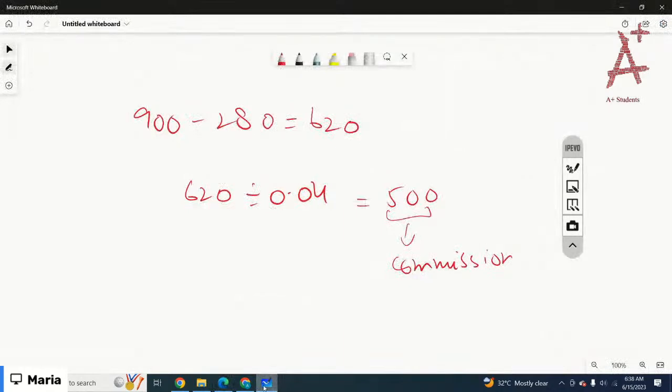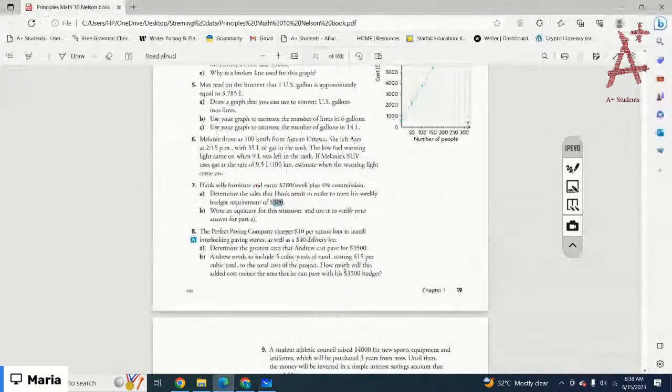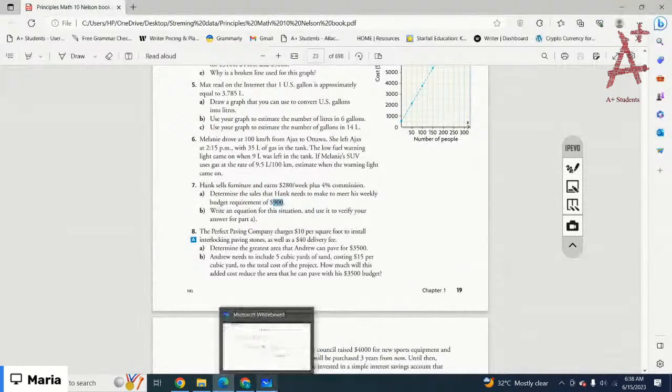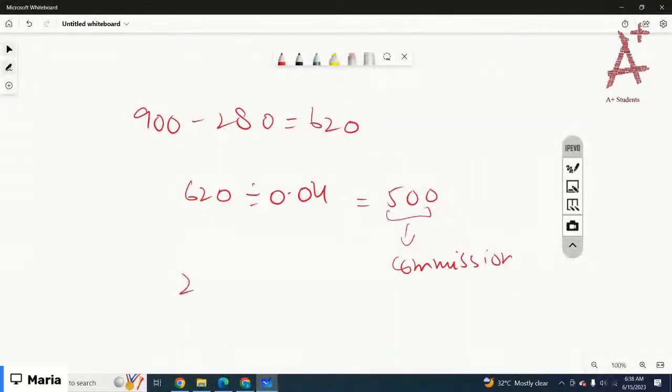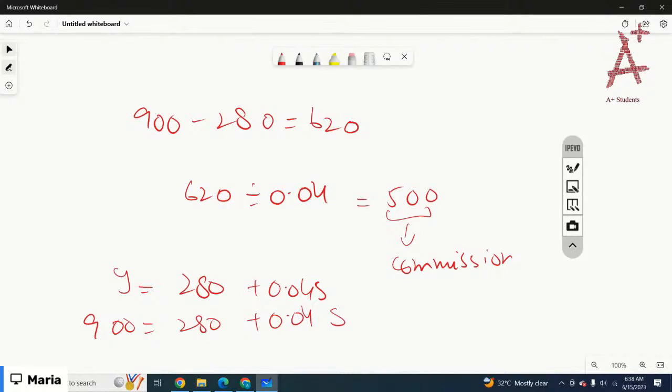Okay, now let's write down the equation for the situation. The equation for the situation is 280, that's what he earns per week, plus 0.04 S, and that would be Y. So now you have to see if he earns 900 per week. What is the value of the commission? Move it to the other side, it would be 900 minus 280.